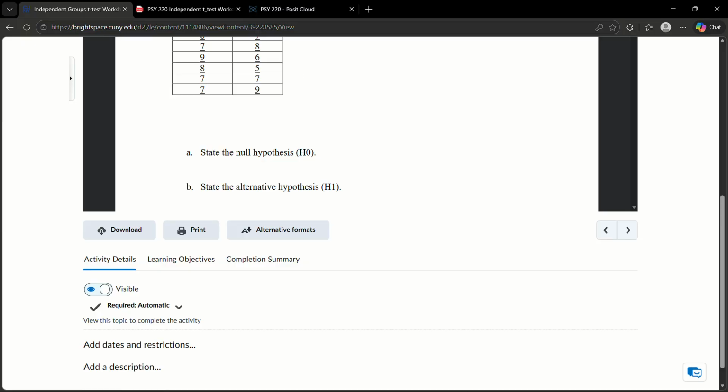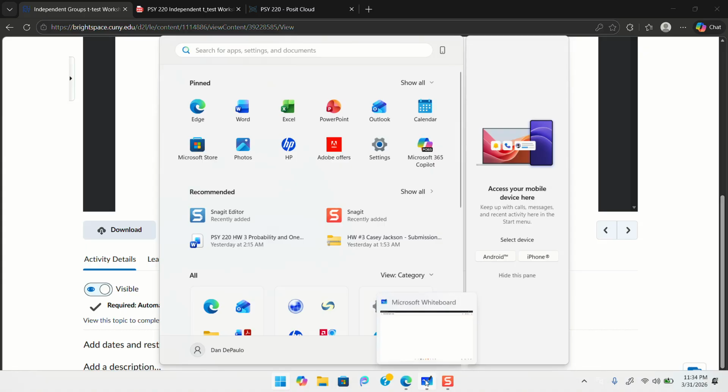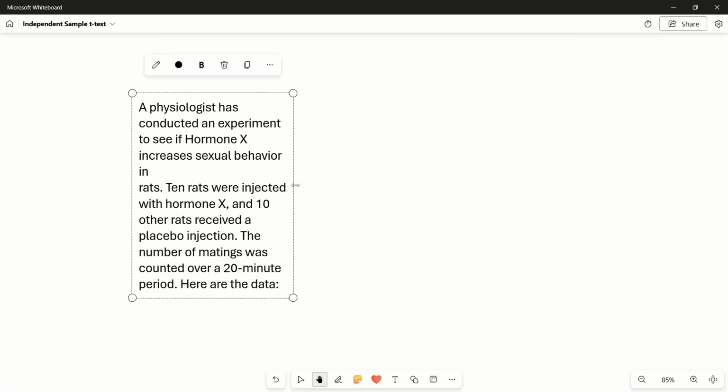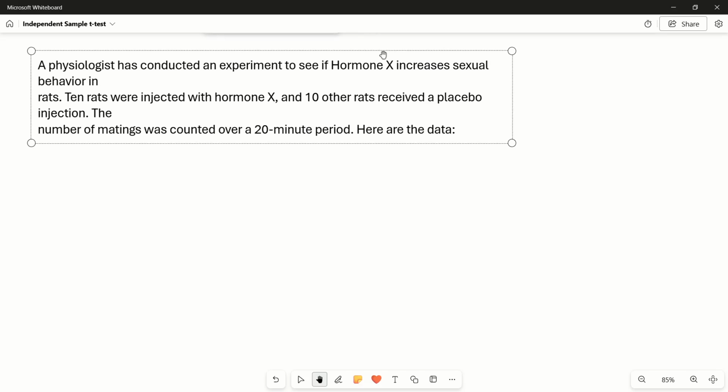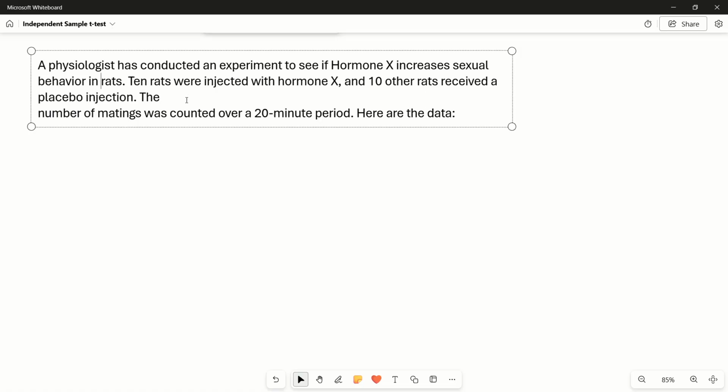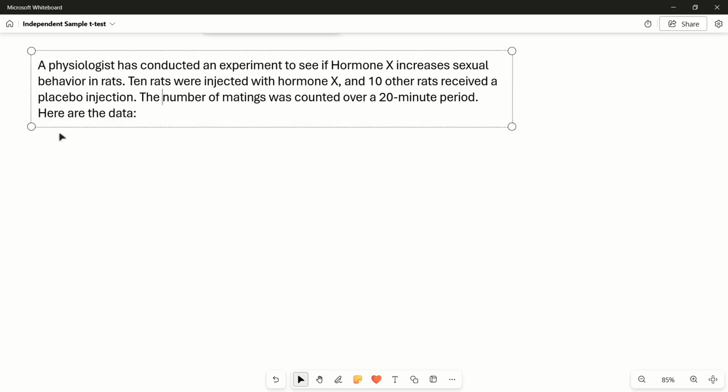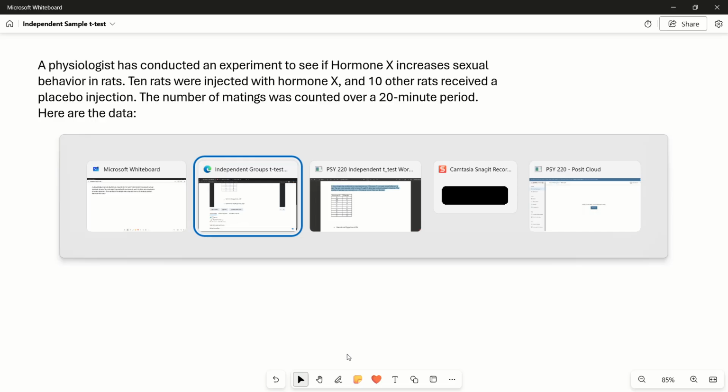Okay, let's go back to our whiteboard. So first we're going to find the null and the alternative here. I just copied it over here for us to look at. If I can get this to format correctly. So let me grab the data now.